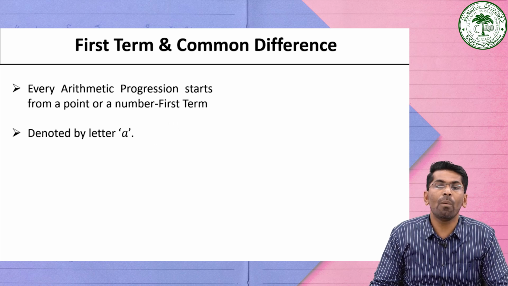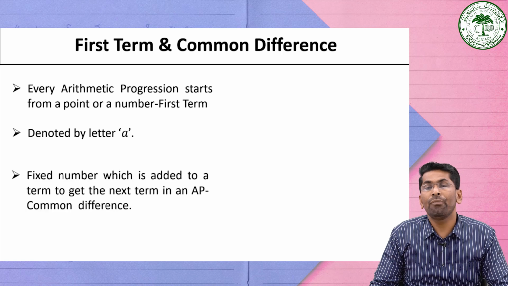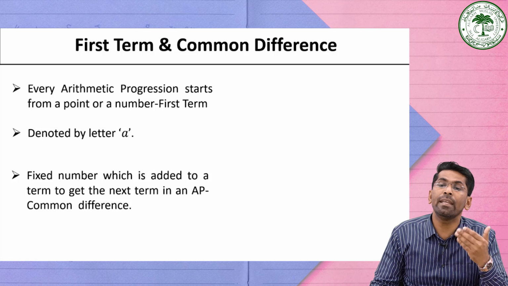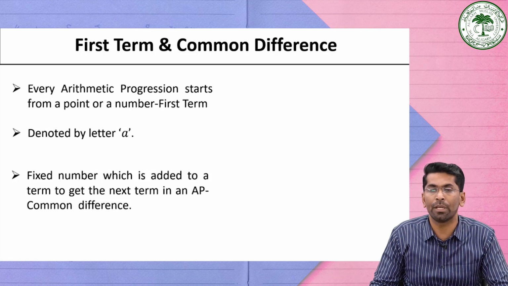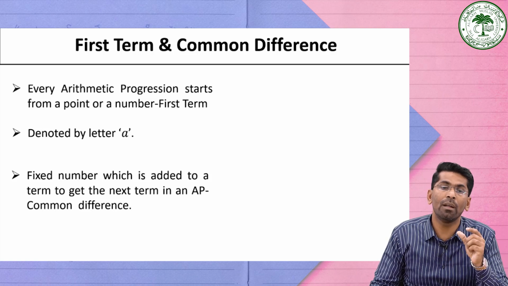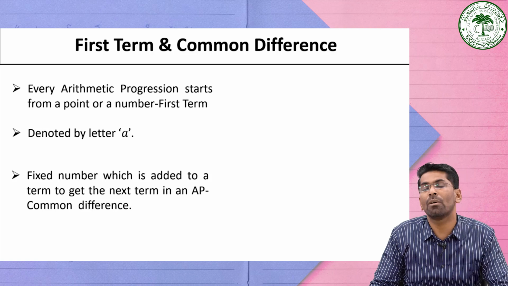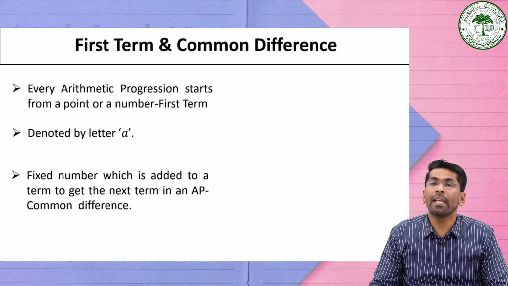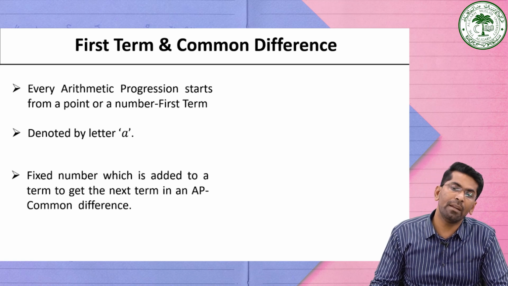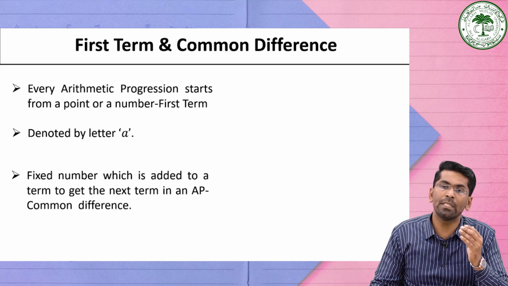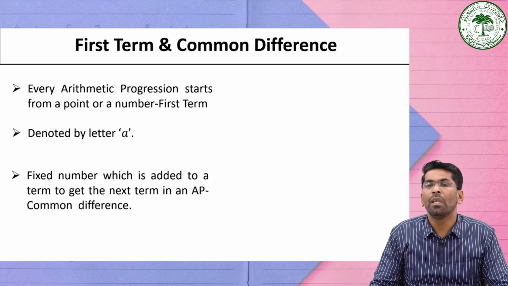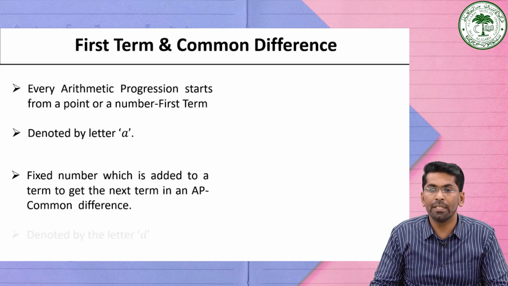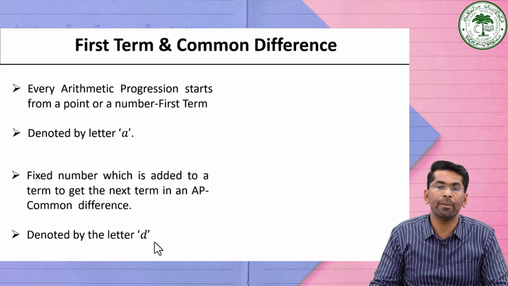Regarding the common difference, the fixed number which is added to a term to get the next term in an arithmetic progression is called the common difference. Remember that it can be a positive number or a negative number. Usually, the common difference of an arithmetic progression is denoted by the letter d.